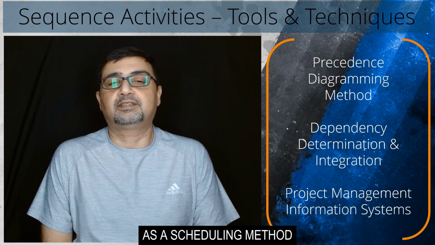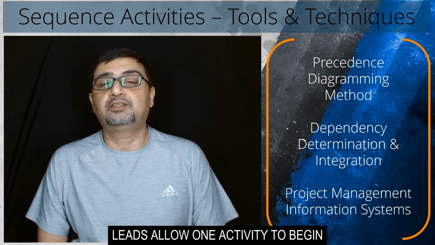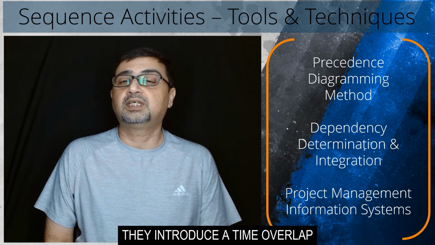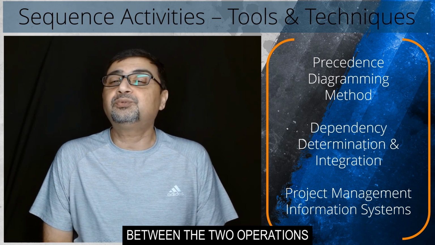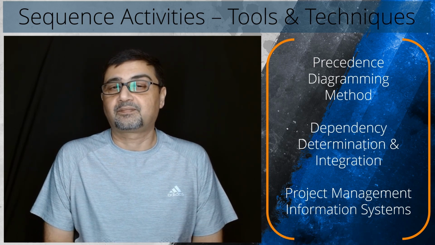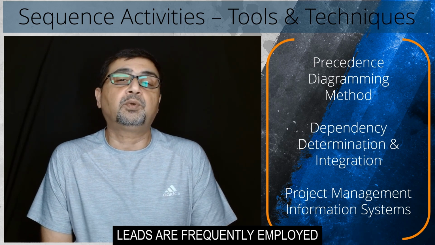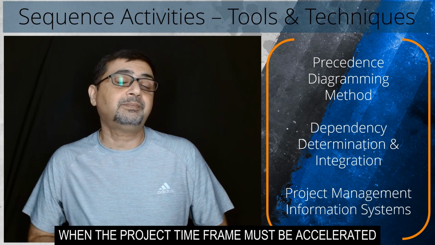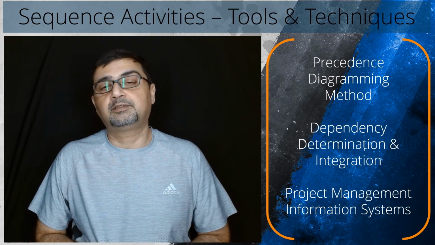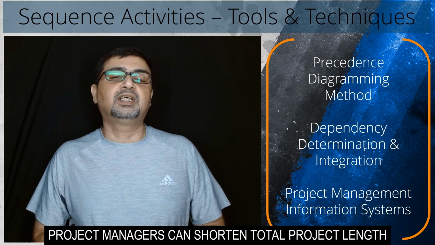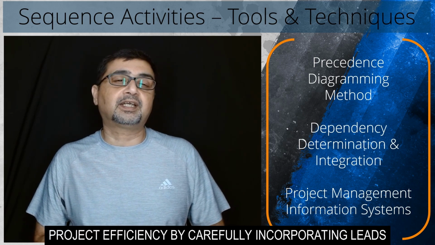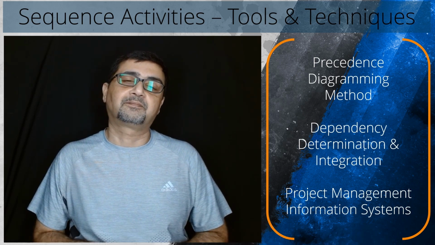As a scheduling method, leads allow one activity to begin before its predecessor is finished. They introduce a time overlap between the two operations, allowing the project timetable to be accelerated. Leads are frequently employed when the project timeframe must be accelerated or when specific operations may be completed concurrently. Project managers can shorten total project length and enhance project efficiency by carefully incorporating leads.